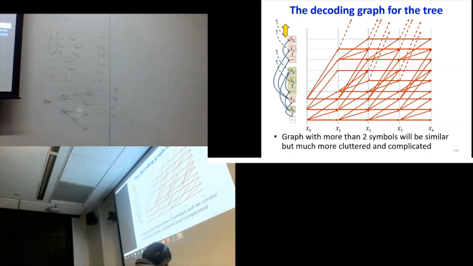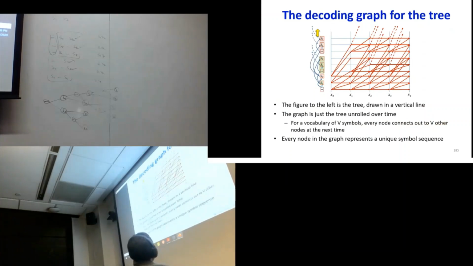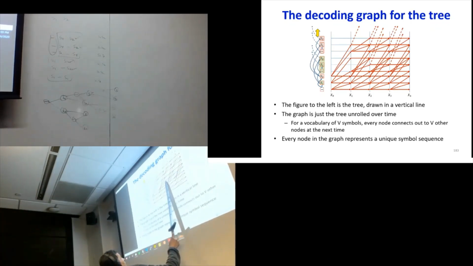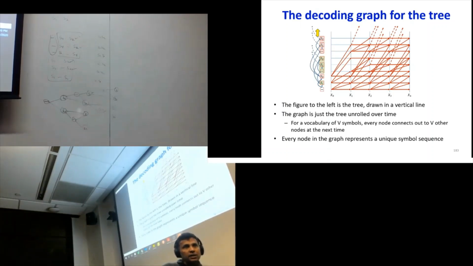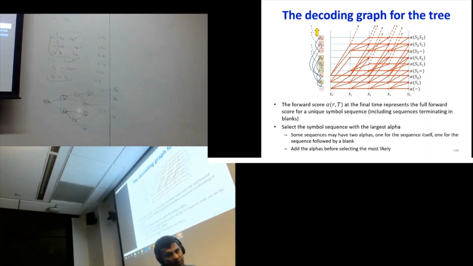So this graph has this property that every node in this graph represents a unique symbol sequence, meaning if you start from this node and work your way backwards to the initial portion of the graph, the first column, there may be multiple paths from this node to this first column, but every one of the paths, when collapsed, is going to give you a single symbol sequence. And so the set of all paths to this particular node from the beginning gives you all possible ways of producing that particular symbol sequence.